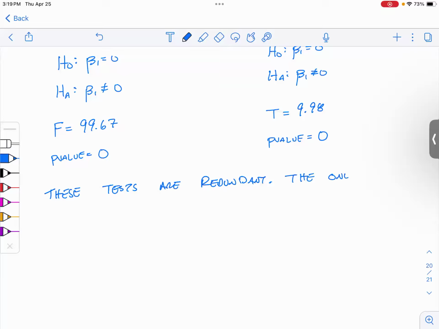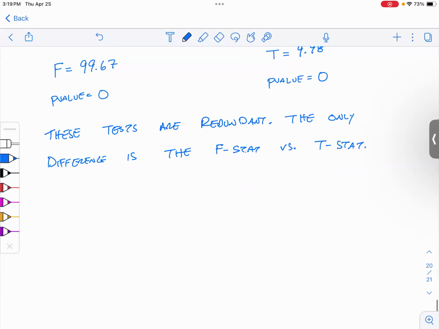The only difference is the F stat versus the T stat. But we still need the conclusions, because if you only run one of them, you still want to understand what the conclusions are.